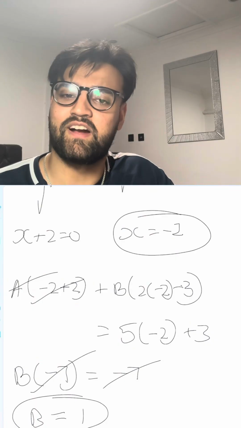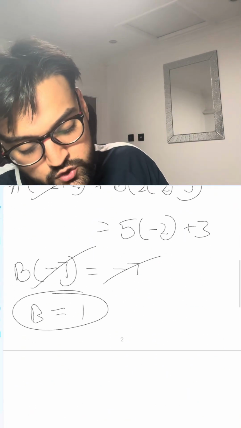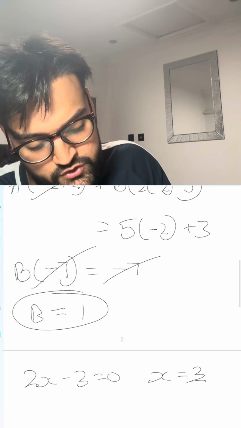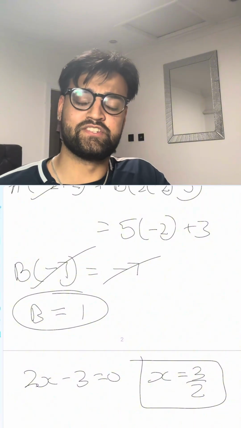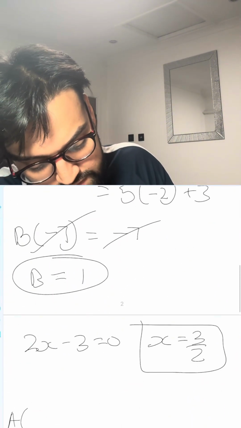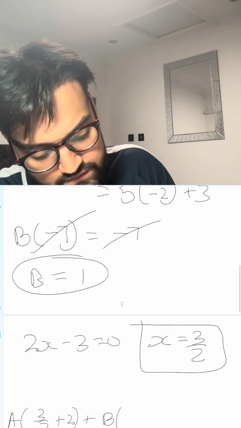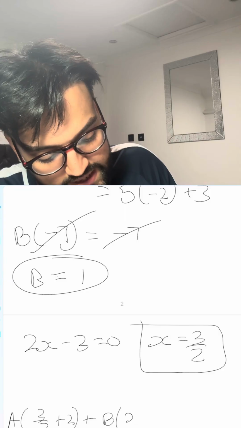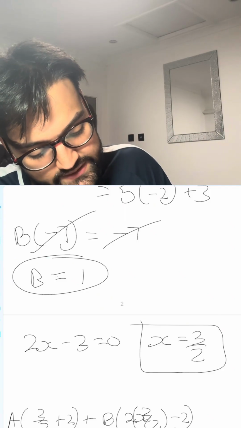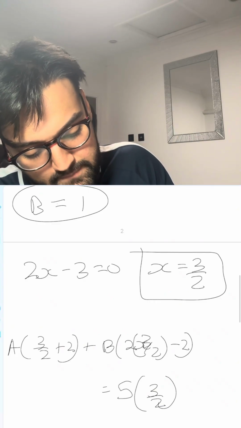Now, let's do the same to find our a term. 2x minus 3 equals 0 when x is 3 over 2. If x is 3 over 2, let's plug it in and see what happens. We are left with a lots of 3 over 2 plus 2, plus b lots of 2 lots of 3 over 2 minus 3, is equal to 5 lots of 3 over 2 plus 3.